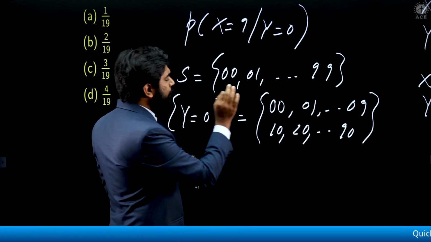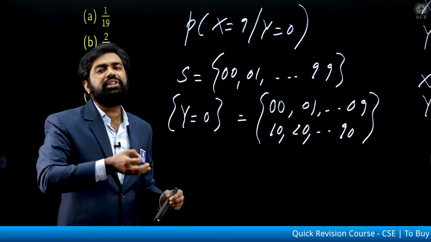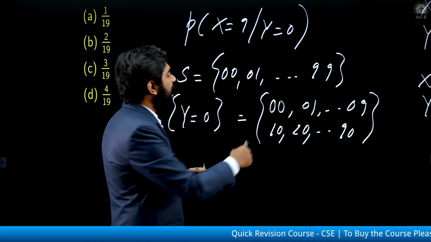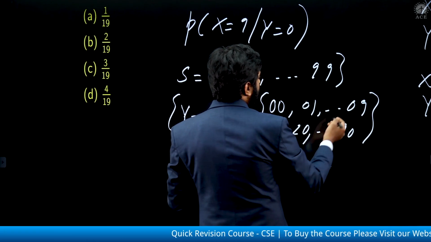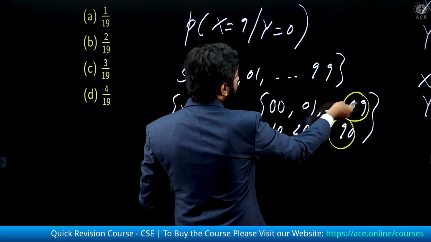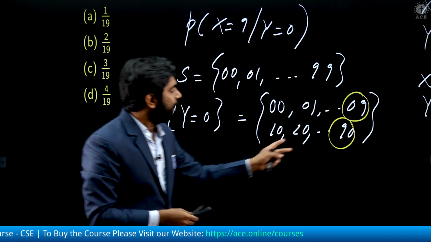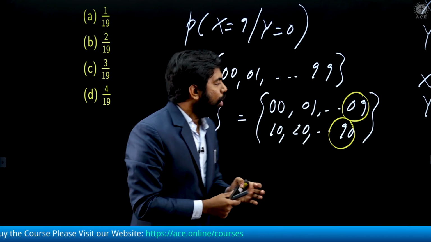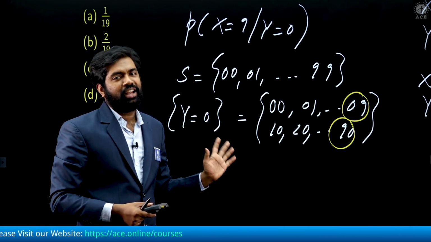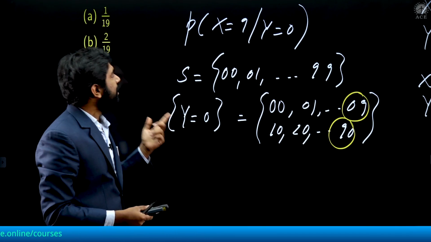Now look at this set and give me tickets where the sum of the digits is 9. I have only 2 tickets here: 09 and 90. What is 0 plus 9? It's 9. What is 9 plus 0? It's 9. So out of 19 tickets, I have only 2 tickets where the sum is 9.